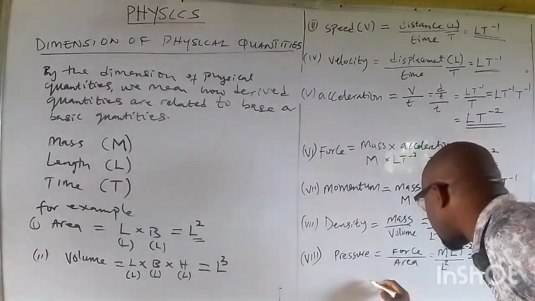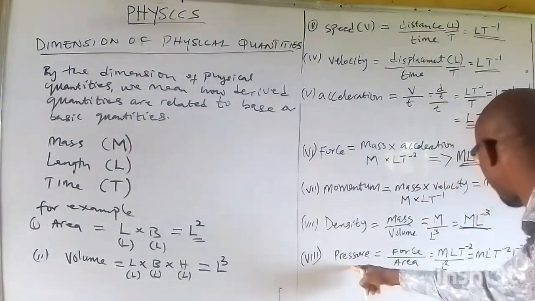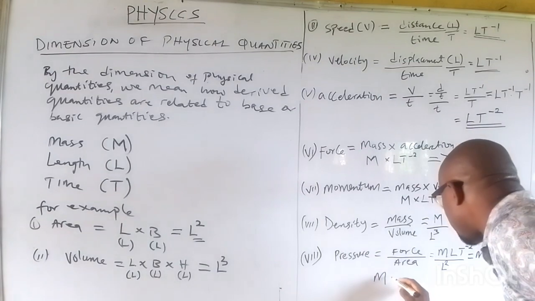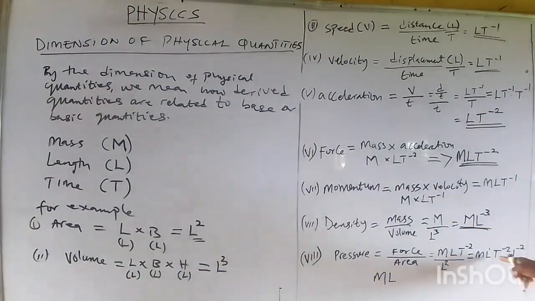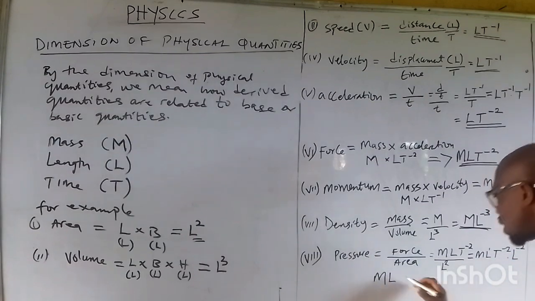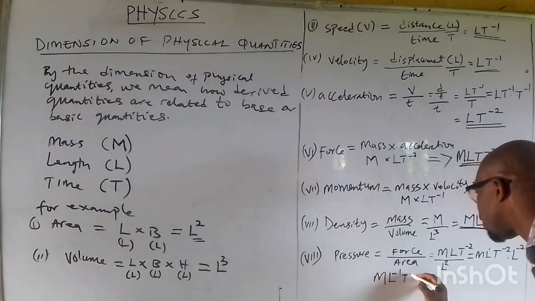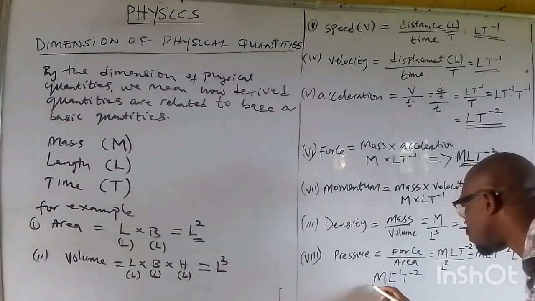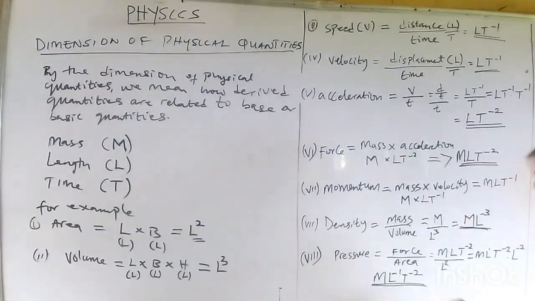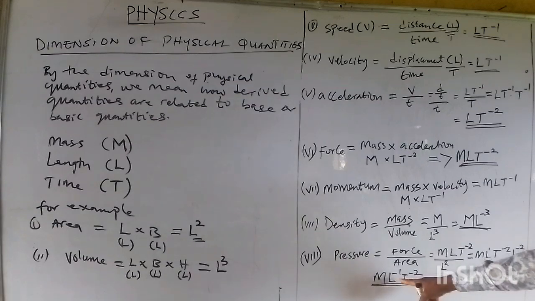If we bring it together, we now have that the dimension for pressure is M L, now this is 1, 1 minus 2 will give us minus 1, and then T raised to power minus 2. So, this is the dimension for pressure. M L raised to power minus 1, T raised to power minus 2.